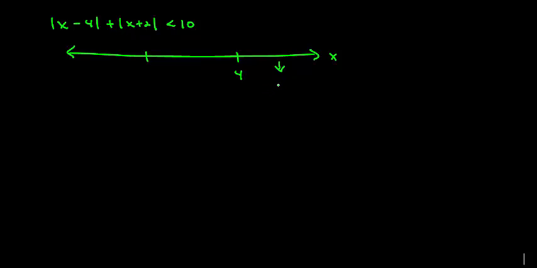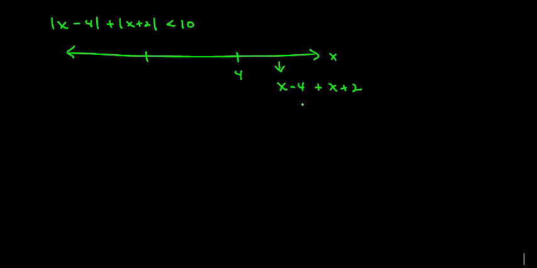So watch. x minus 4 plus x plus 2. Both of these, this set and this set, become positive when my x value is in that range. So there's absolutely no reason that I can't simplify it like this.